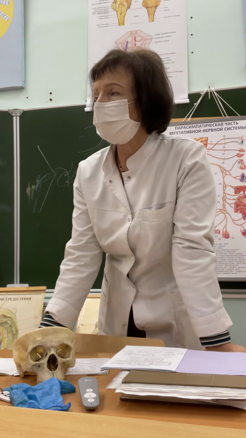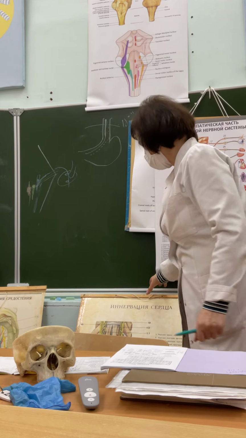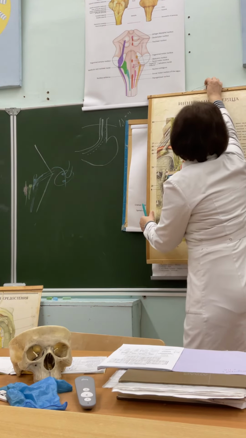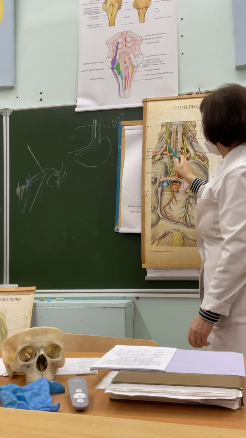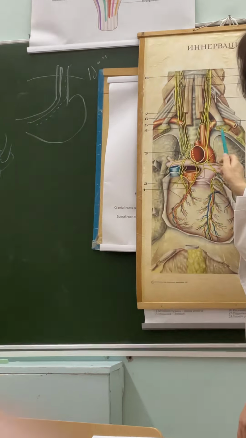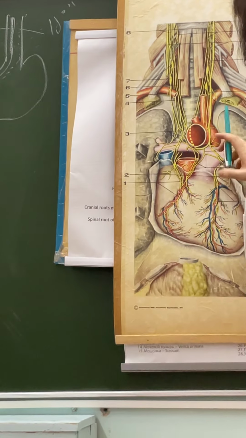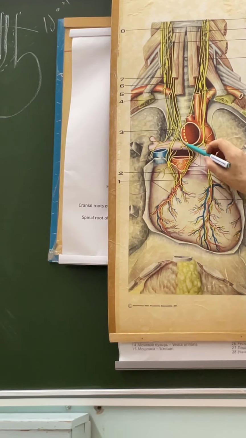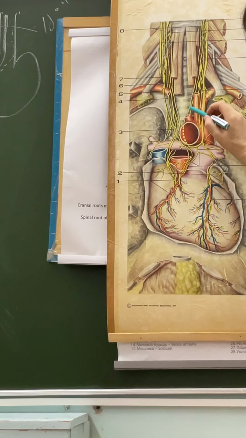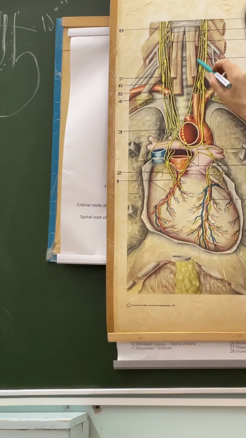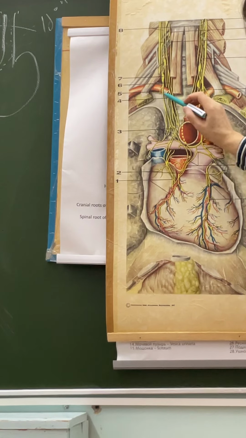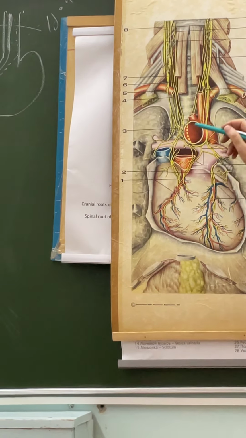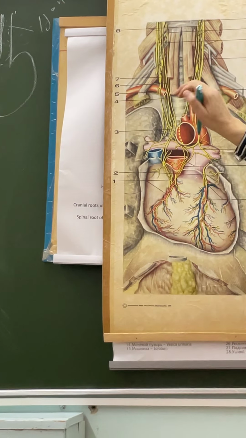Then, where these nerves enter the thoracic cavity, or below, at the level of the right subclavian artery and the arch of the aorta, we have the nerves called the recurrent laryngeal nerve. You can see it with these dots, like an interrupted line, and then it runs like this, and we have the same over here. The recurrent laryngeal nerve runs to the larynx.